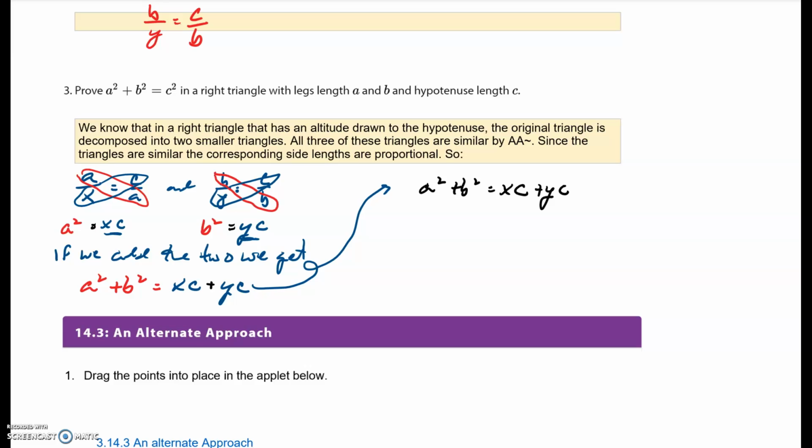Now I'm going to focus on the right-hand side here. And I notice, looking at this, that I have a common factor of c. So I could take that common factor of c and write it on the outside.